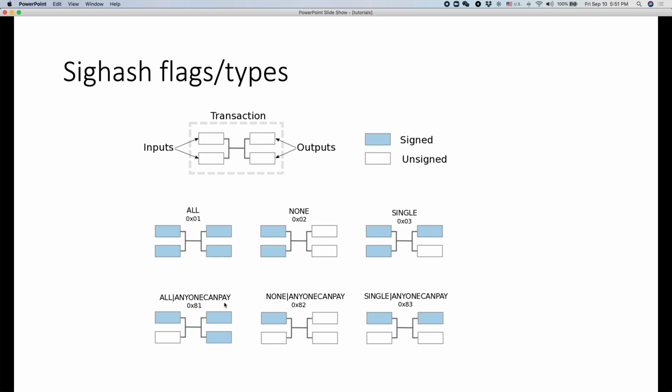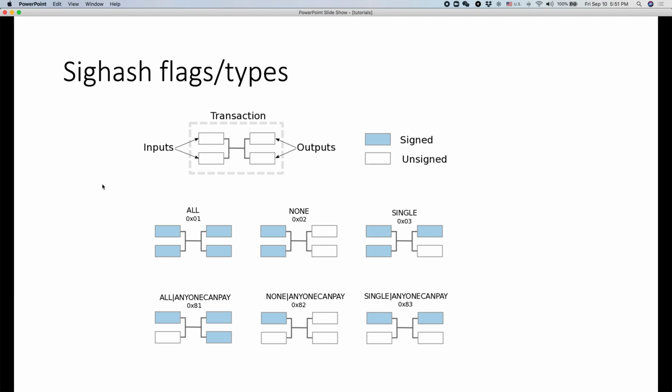Anyone can pay says I only include the input that the UTXO I'm spending is from. I do not care about any other inputs. You can combine this with all the others. If you combine with all, you can say, okay, I only sign the input I'm in and forget about every other input. Same for none and for single.